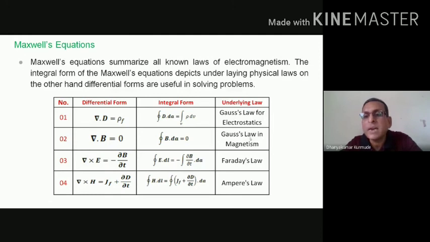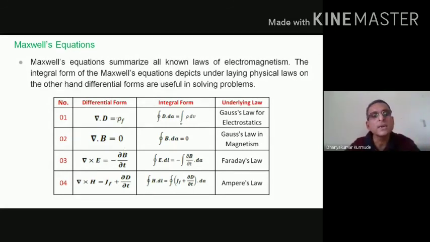Gauss law in magnetism says that del dot B is equal to 0. Faraday's law says that curl E is equal to minus dou B by dou t. And the last law which we have studied just now, Ampere's law, says that del cross H is equal to Jf plus dou D by dou t.